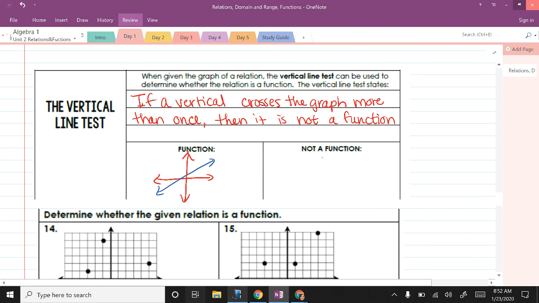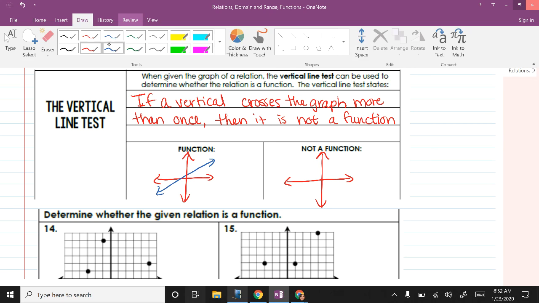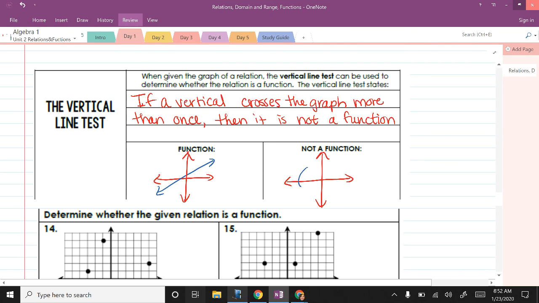An example that's not a function can be lots of things, actually. It could be a circle. If I drop a vertical line on lots of places on that circle, I touch twice, right? So it fails the vertical line test. All right?